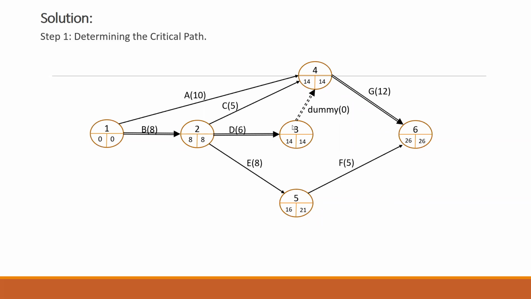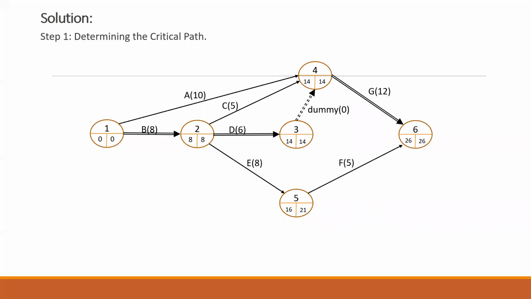That's the reason we have introduced the dummy activity. Clear? I hope I have made it clear. But if there are still doubts, I'll give you some questions to practice. When you're practicing, you'll understand where we actually require the dummy activity or dummy task, as you can call it.